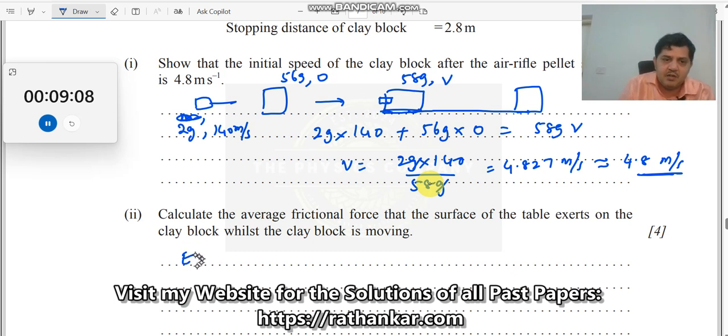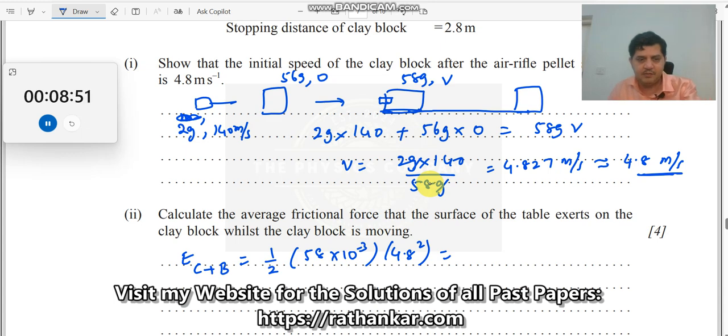The energy of the clay plus the bullet should be equal to half into the mass, which is 58 grams, 56 plus 2, so 58 into 10 to the power of minus 3, multiplied by v squared. What is v? 4.8 squared.